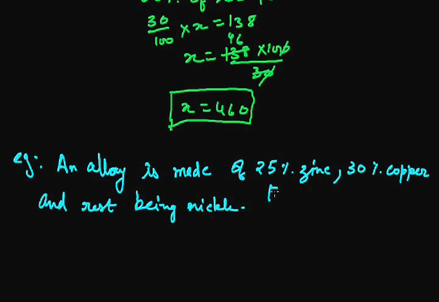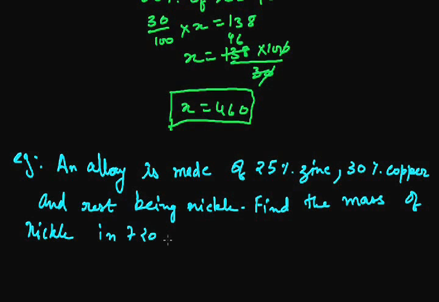Find the mass of nickel in 720 grams of alloy.